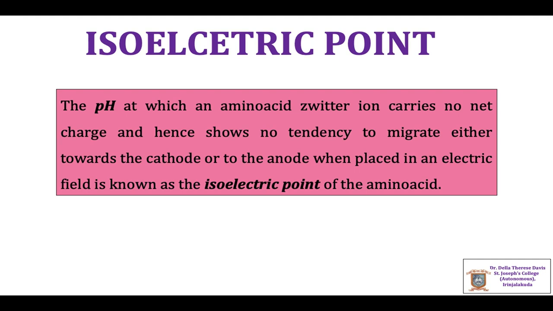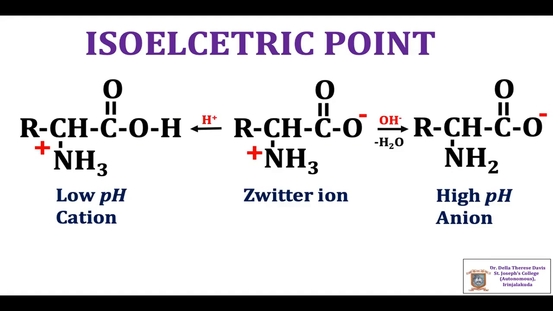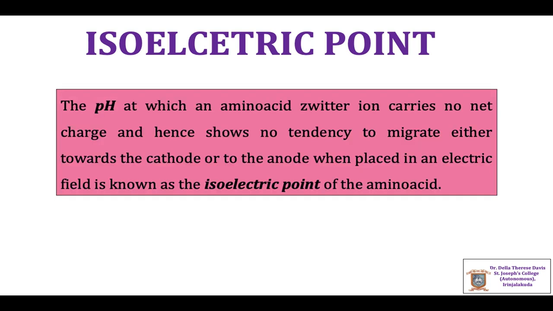At a particular pH, the amino acid will exist as the zwitter ion with no net charge and hence when placed in an electric field at this pH, the amino acid will not migrate to any of the electrodes. And this particular value of pH is known as the isoelectric point of the amino acid.